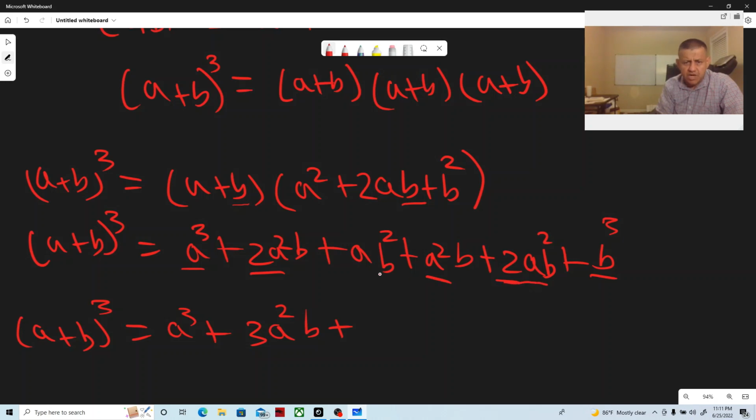I got a b squared right here, and I got another b squared right there, and I got 3ab squared, and then I just bring that b cubed down, and I got b cubed, right? So that is the whole expansion for the power of 3.